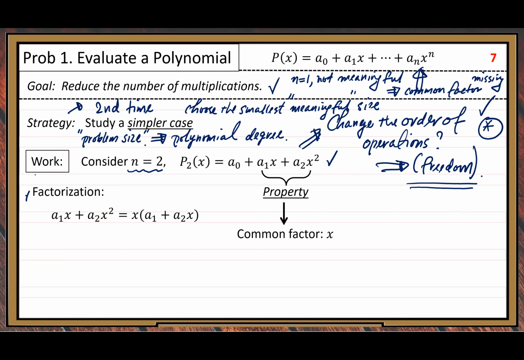Different forms, different structures will give us different evaluation order. So think about this structure change resulting in different evaluation order.